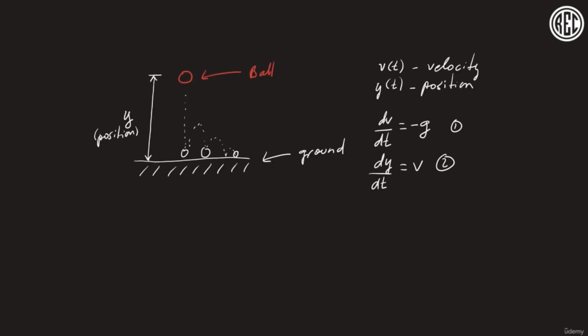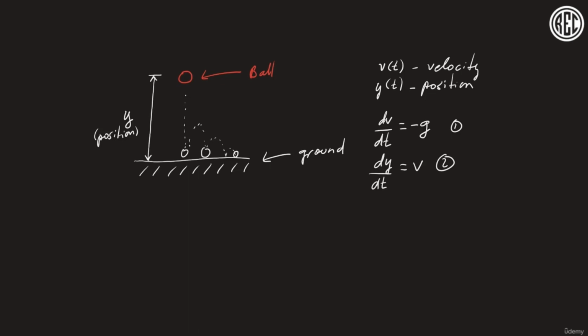So what we need to do then is find an expression for both the velocity and the position, but not the rate of change as we have over here in equations 1 and 2. So essentially we need to integrate those equations.